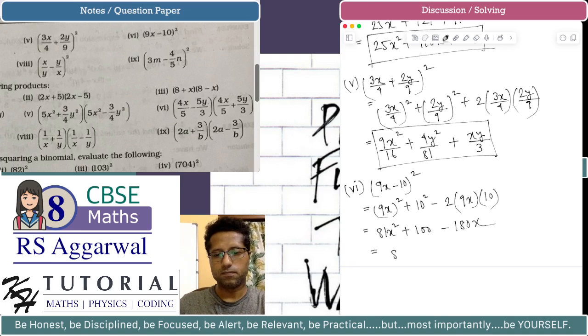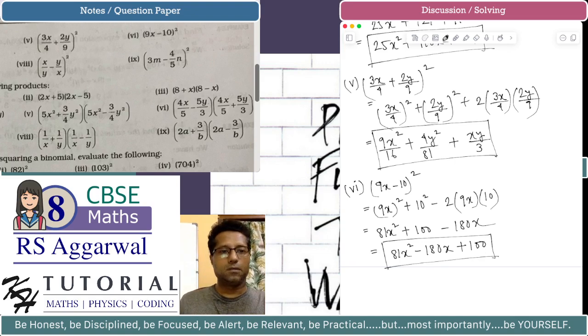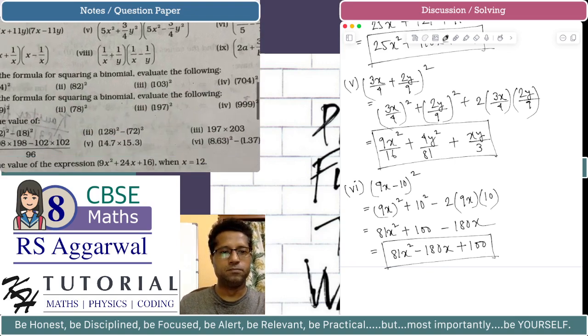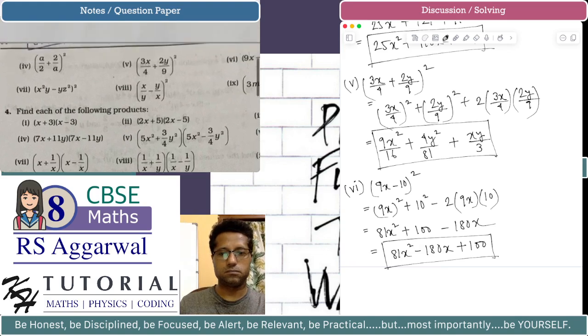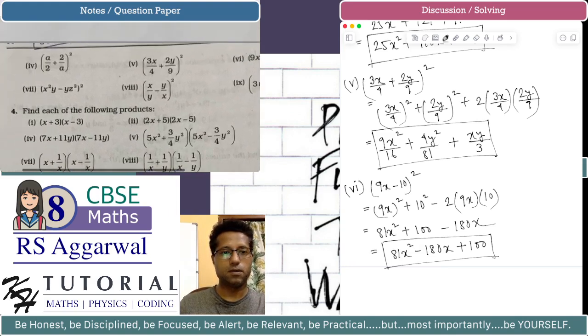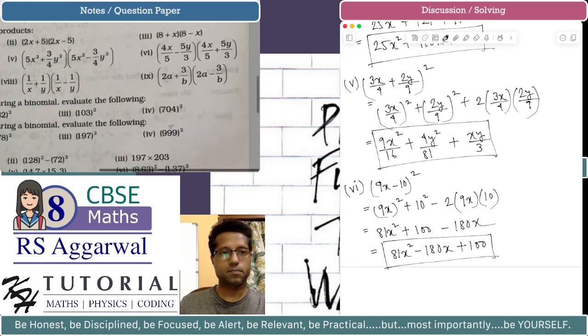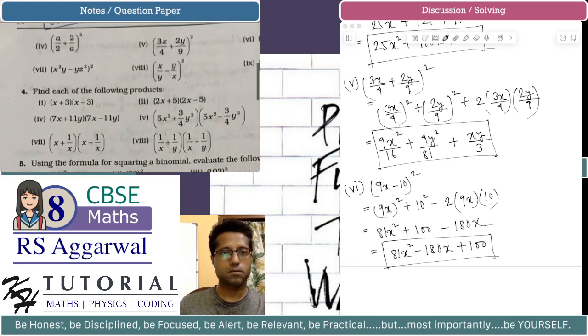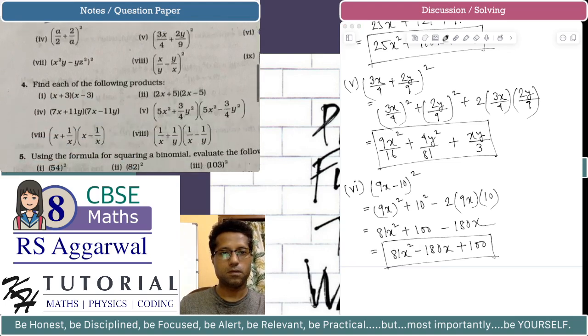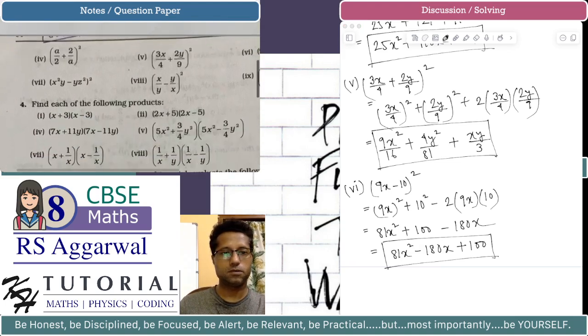So this is equal to 81x square minus 180x plus 100.